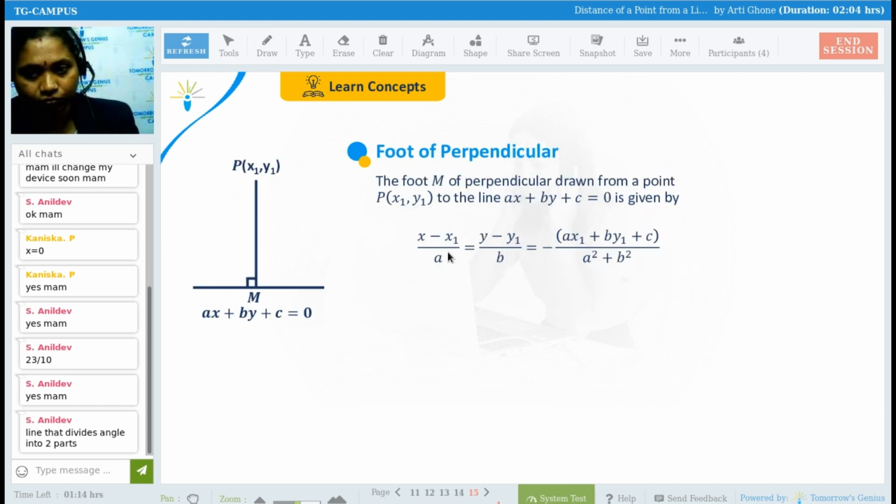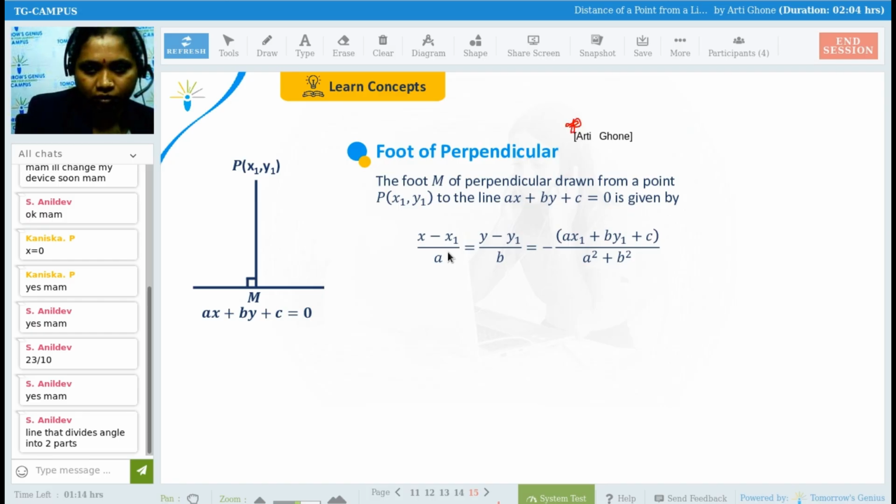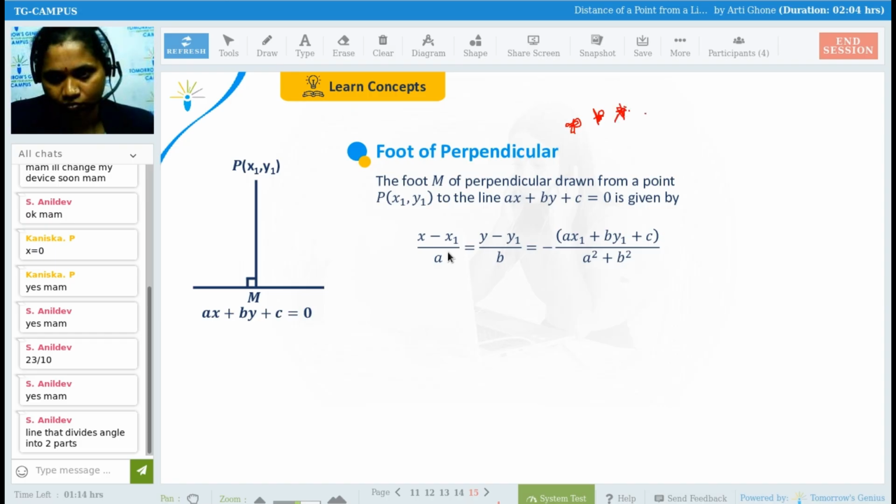Now, the next important concept, foot of perpendicular. Who will define the foot of perpendicular?